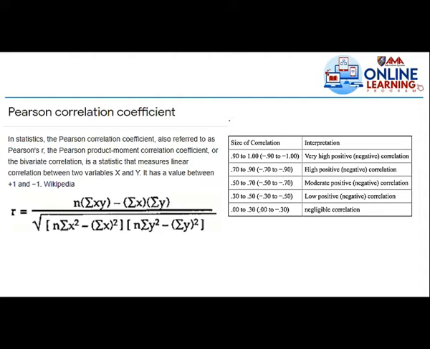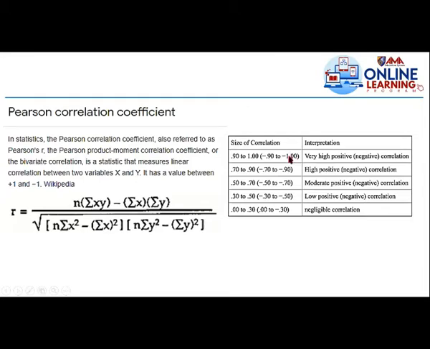So, the higher the correlation output, whether negative or positive, it will show a very high correlation. So, high positive if 0.9 to 1.0 or 90% to 100%. Or negative 90% to negative 100%. Bakit may negative na correlation?